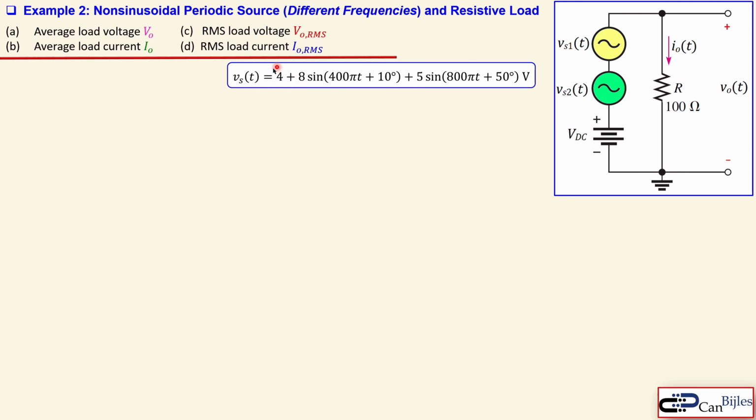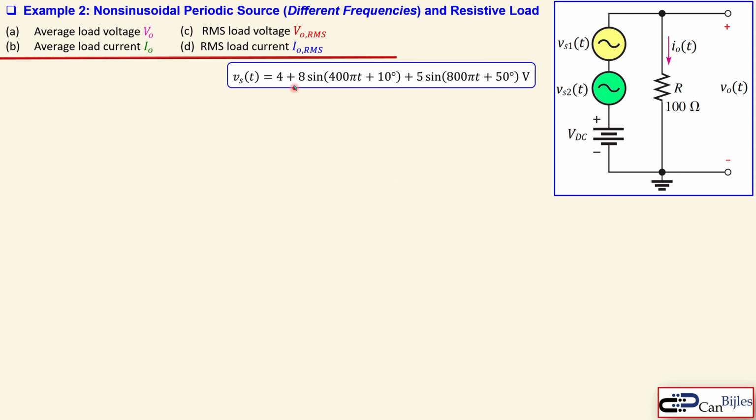We have a DC quantity, 4, and we have 2 sine forms: 8 times sine(400 pi t plus 10 degrees), and the other one is plus 5 sine(800 pi t plus 50 degrees). You see that the frequencies are different, so that is important to notice. We will do in the next example the same frequency, and then we will need to look at that problem in a different form.